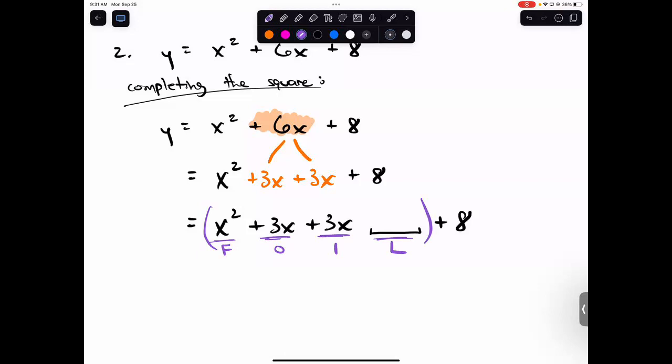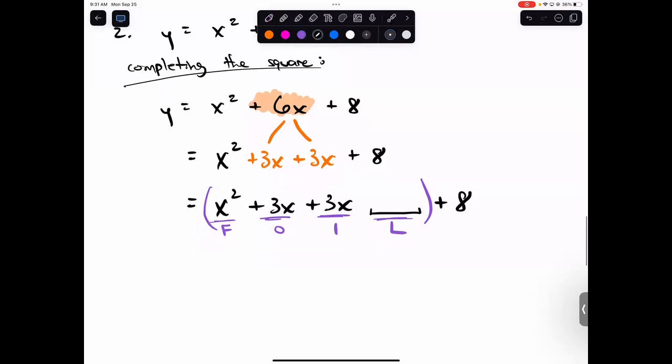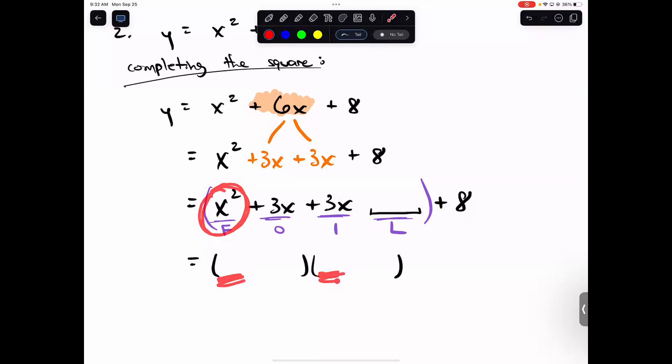So if I multiplied 2 terms and got x squared plus 3x plus 3x as the first, outer and inner parts of the product, then what must the factors have looked like? If I multiply these 2 things and get x squared, what goes here and here? x in both of them, right? Because x times x is x squared.